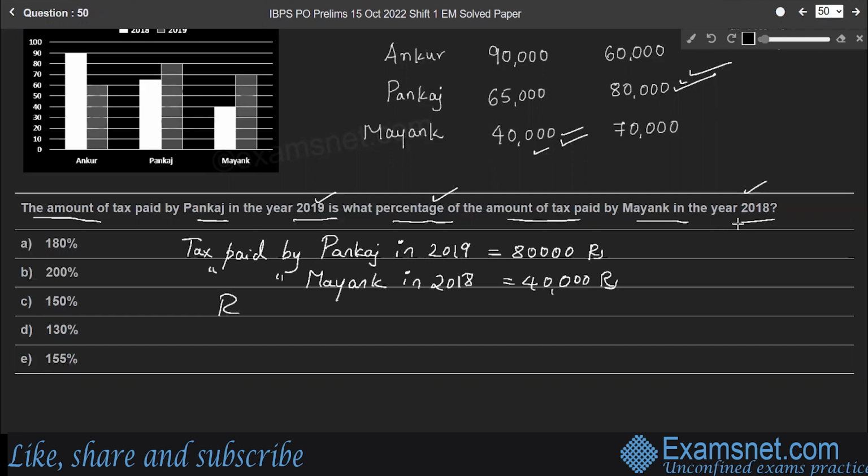Therefore, the required percentage is here. So, in 2019, 80,000 is what percentage of 40,000, right? So, it is 200% of 40,000. Therefore, option B is the right answer.